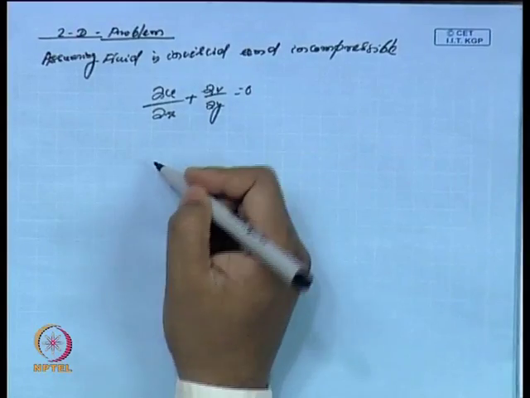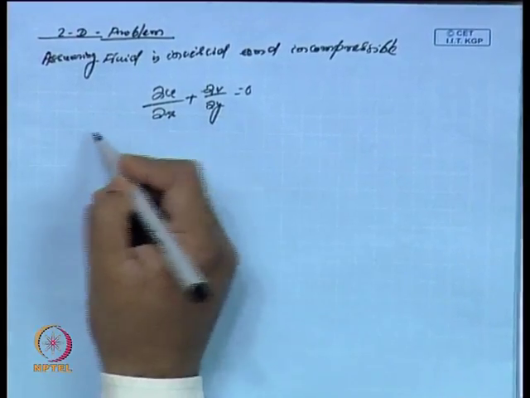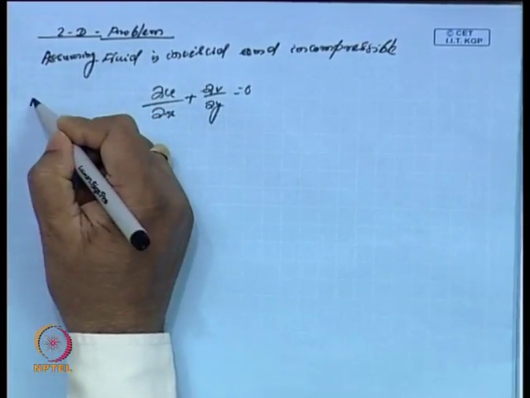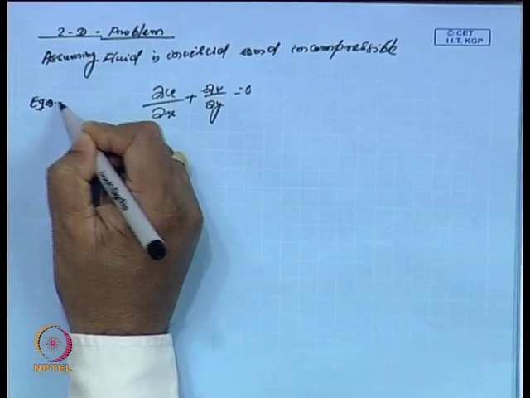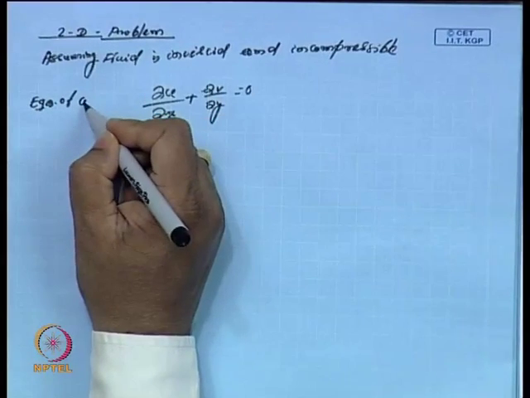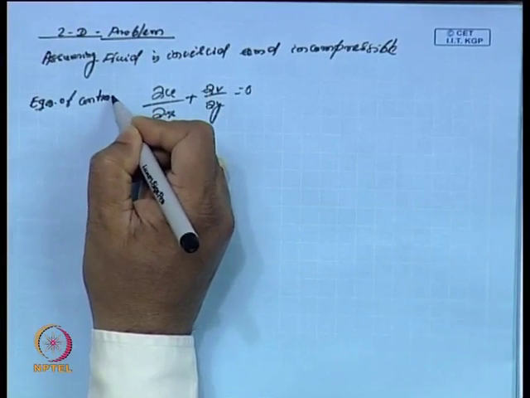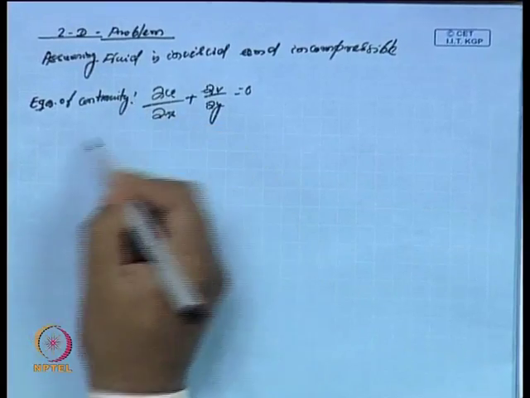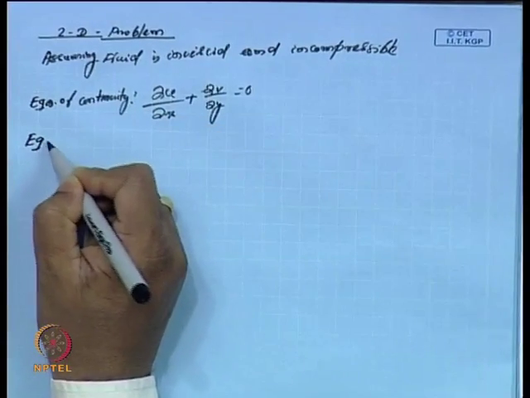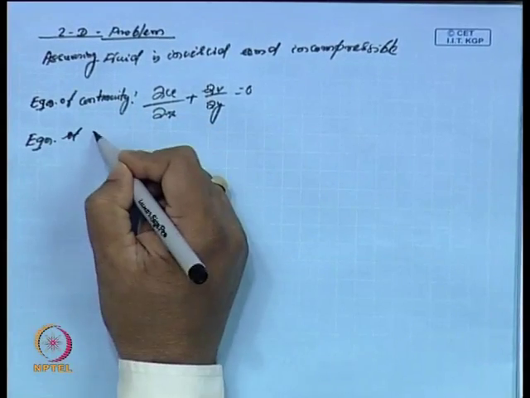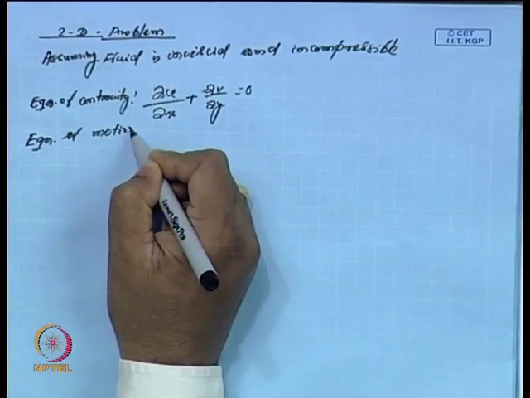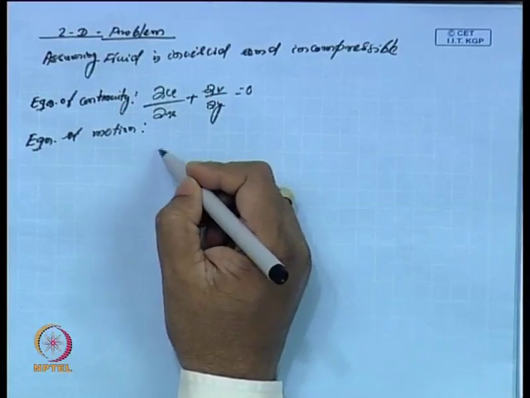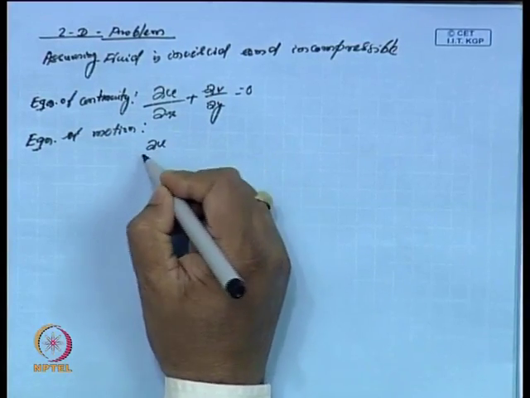This comes from the equation of continuity, and we have the Euler equation of motion, component wise, starting with del u by del t.